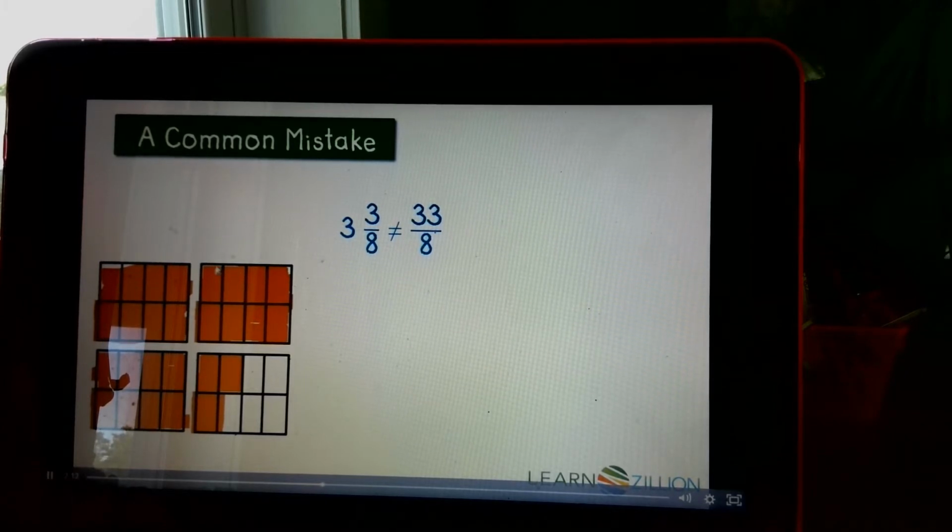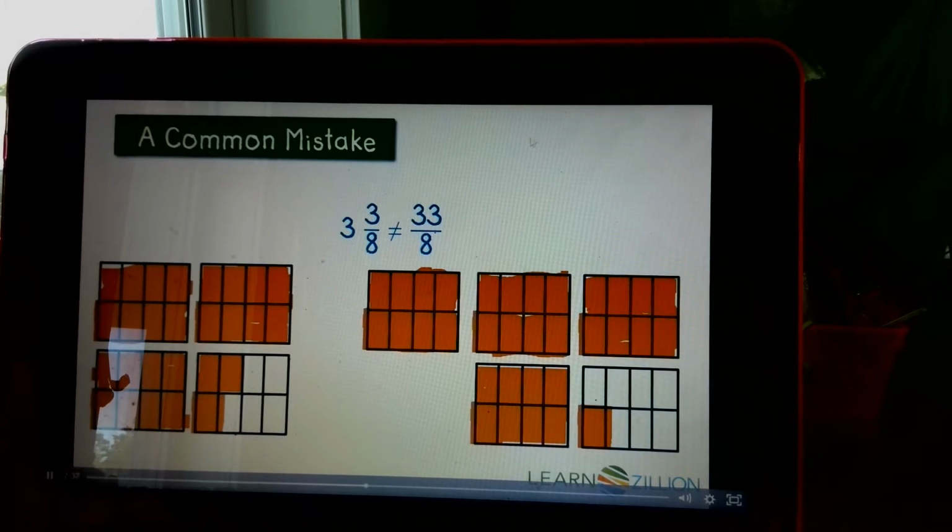The fraction tells us that we have 3 wholes, so we need to show 3 area models equally divided into 8 parts, shaded to show 3 wholes. The fraction is 3/8, so in order to represent this fraction, we need to show an area model equally divided into 8 parts and shade 3 parts to show 3/8. If we were to look at 33/8, this area model is different from 3 3/8.